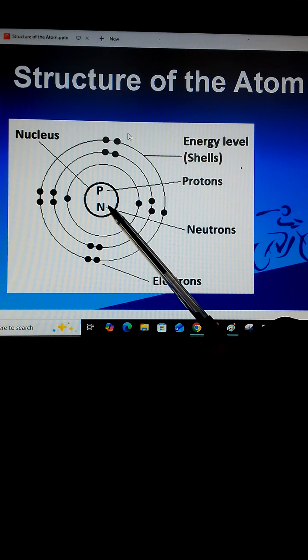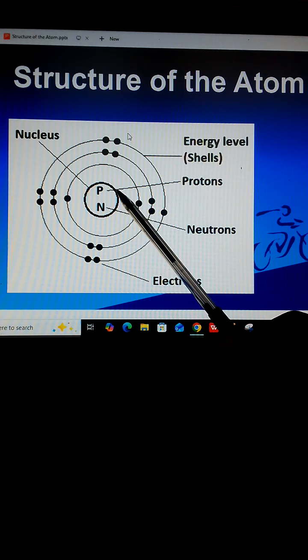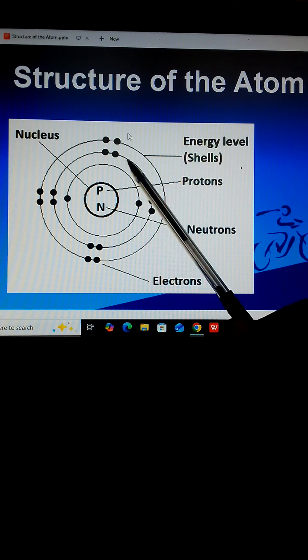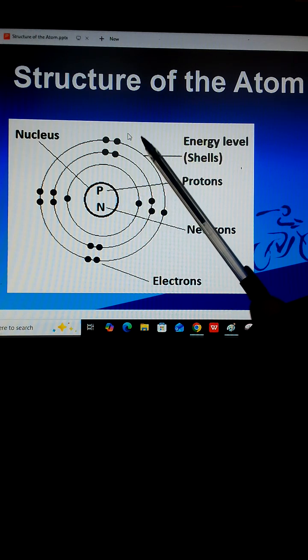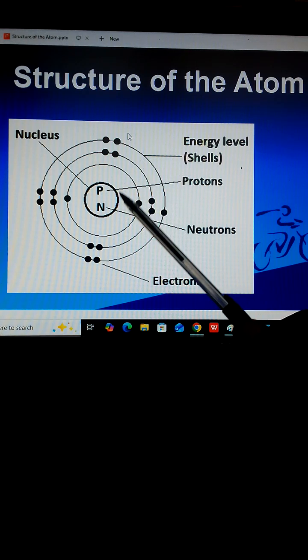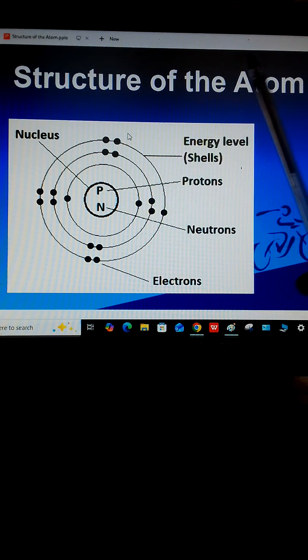In that case, we have what we call isotopes. Like carbon atom, we have carbon 14 and carbon 12. That difference is due to the difference in the number of neutrons. So what I'm saying is that the sum of the protons and neutrons will give you the mass number for that specific atom.